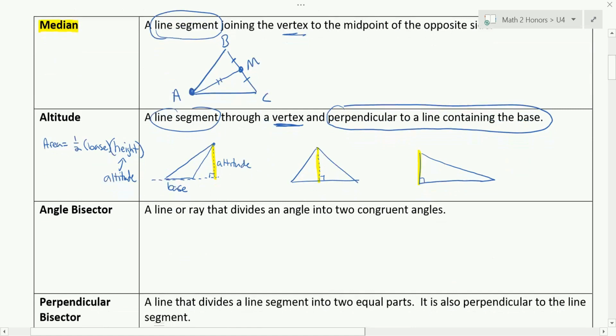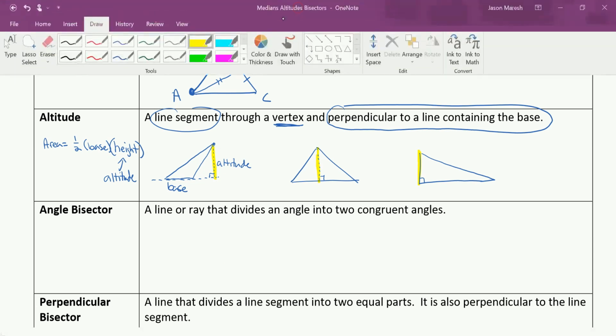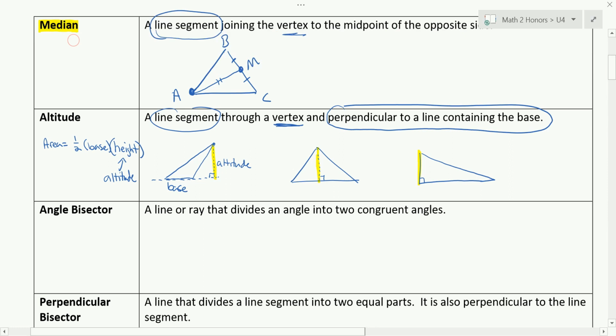Next one, angle bisector. We have worked with angle bisectors in the last unit. So an angle bisector, notice though, is not a line segment. It could be a line. It could be a ray. It could be a line segment. Okay. But what's important is that it divides an angle into two congruent angles.